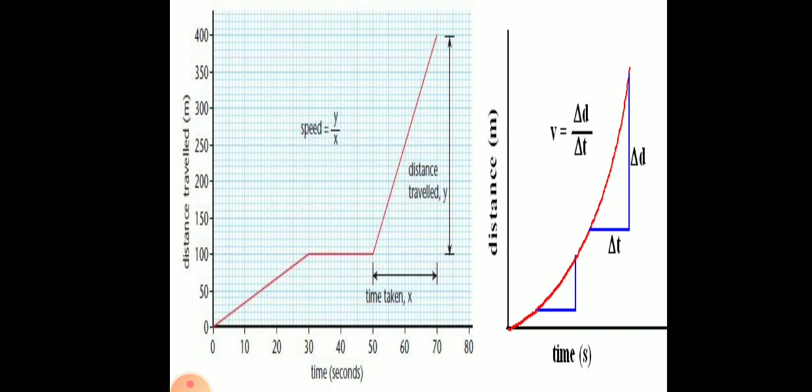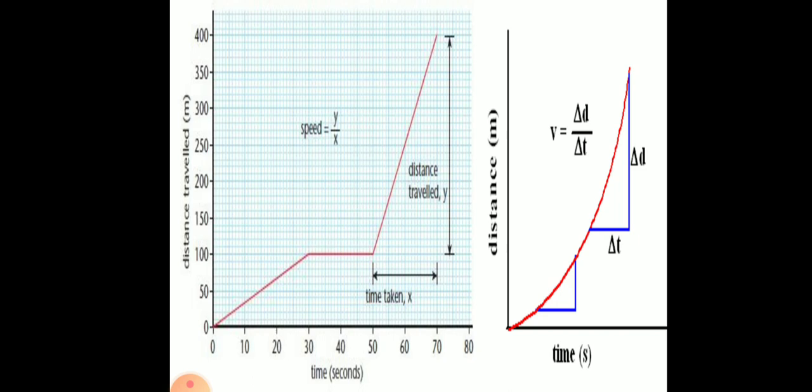Let us understand the difference between delta x and dx. Delta represents a big change or total change, while d represents a very small change. If you are finding instantaneous velocity, it is easily understandable that the time interval is very small.